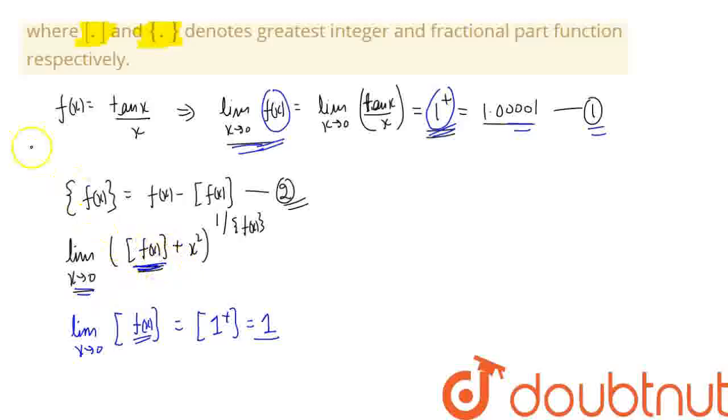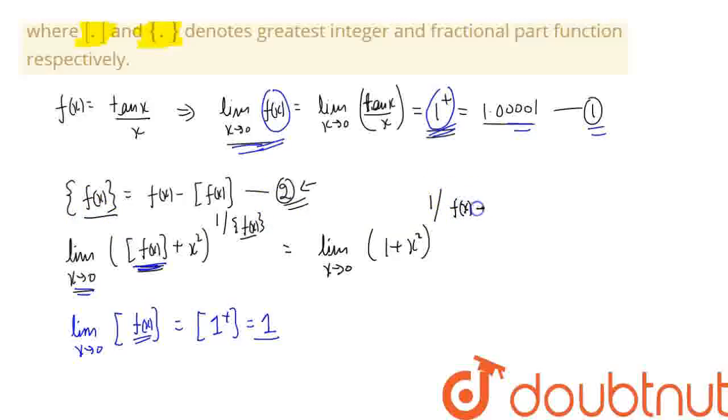So as the limit x tends to 0, this GIF thing would tend to 1. Instead of this we can write the limit as x tends to 0 of 1 plus x square, and in the power we have 1 whole divided by, in the denominator, the fractional part of f of x. By using equation 2 we can write the fractional part of f of x as f of x minus GIF of f of x.